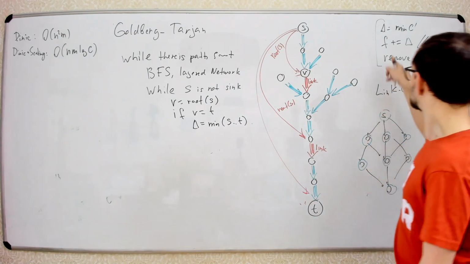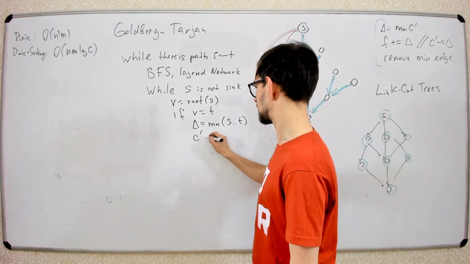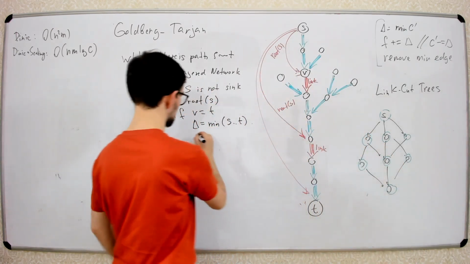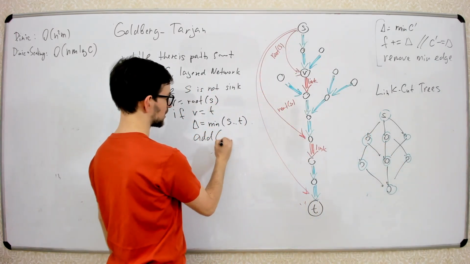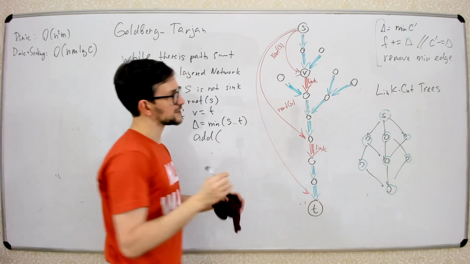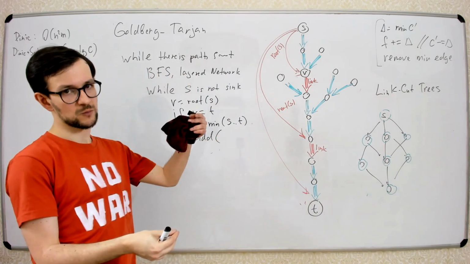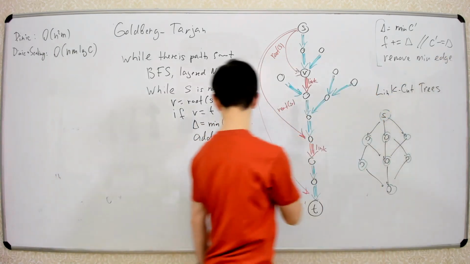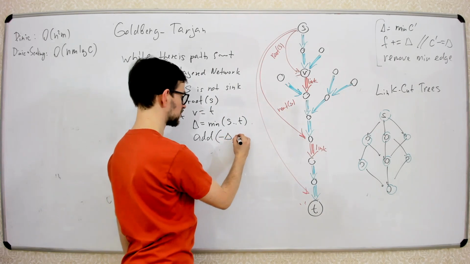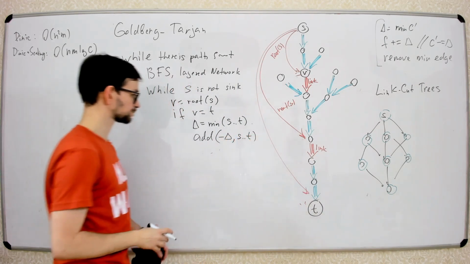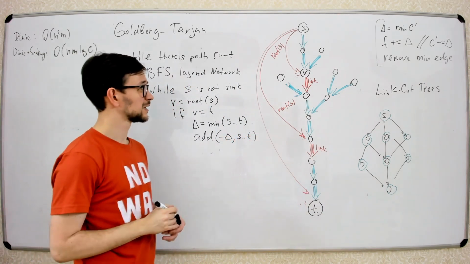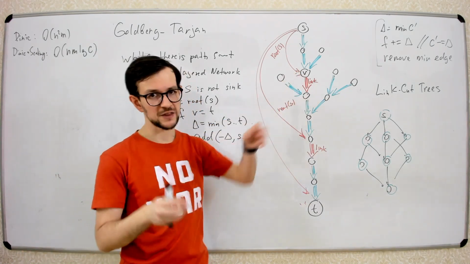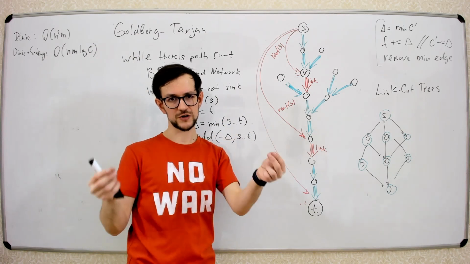Then we will increase again. Let's say I have this value C prime on this path. So I will add the value minus delta to this path from S to T. In my linked tree, I will always maintain the values of C prime, the value of the residual capacity.